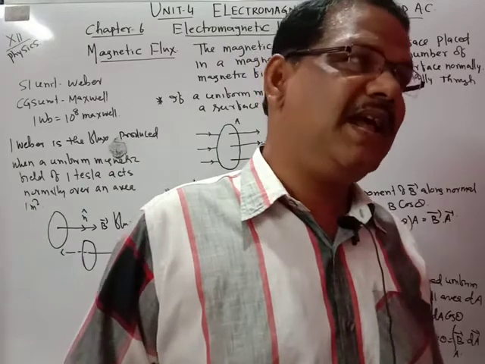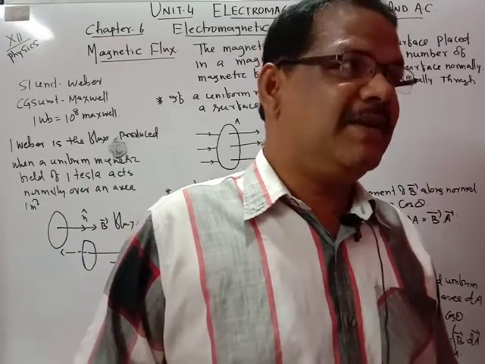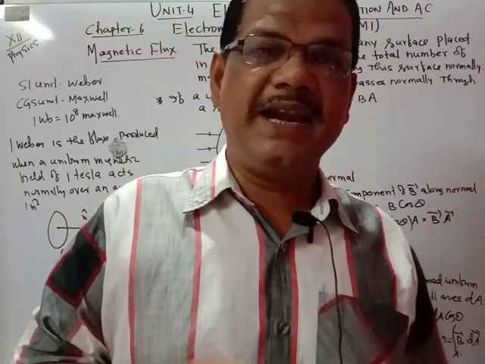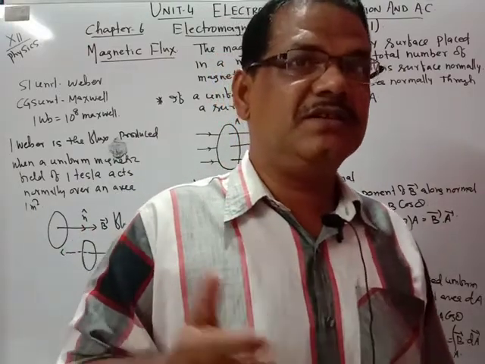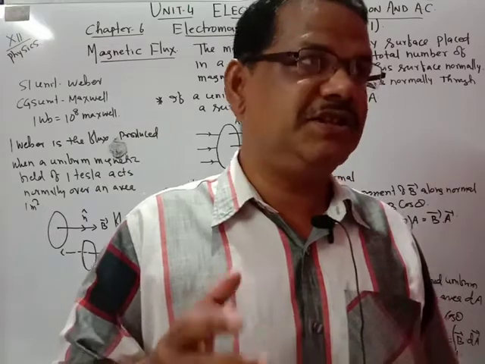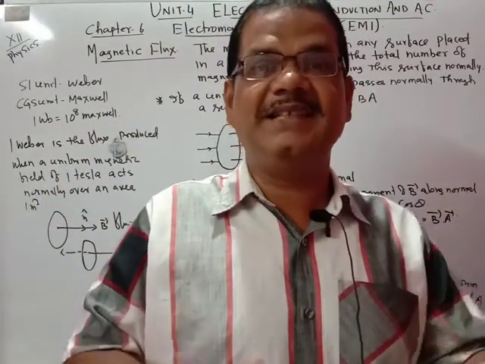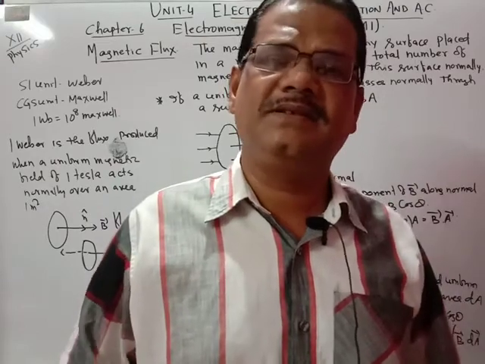The difference is that only the magnetic field lines touching the cross-sectional area, crossing the surface area normally, are considered as the magnetic flux.